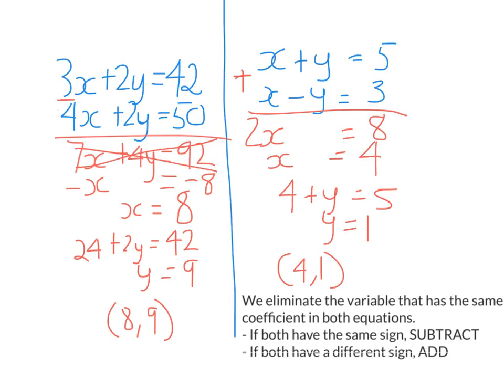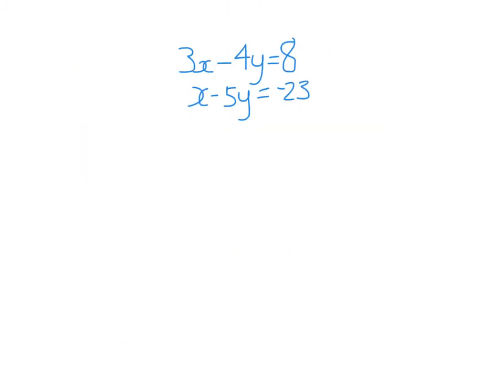All right, let's look at a few questions that are a little more challenging now. So let's say I want to solve these two equations simultaneously. Once again, I want to find something that solves both equations at the same time, and I want to do it without graphing. Now, what I said on the previous slides, we eliminate the variable, the x or the y, that has the same number in front of it in both equations.